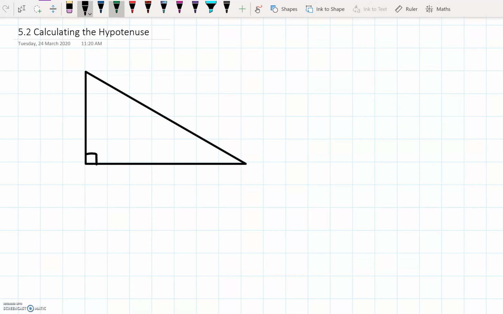The first thing I'm going to do is remind you that the side opposite that right angle is the side that we call the hypotenuse. This is the hypotenuse. The other two sides are just called sides.